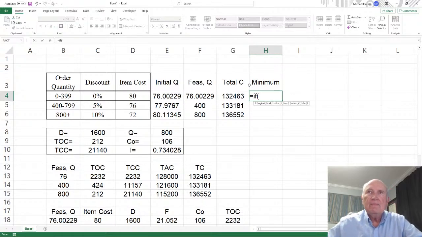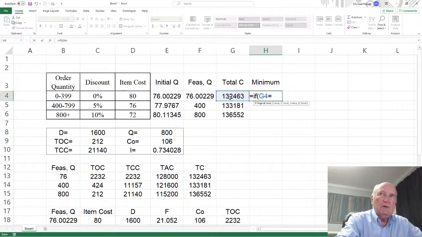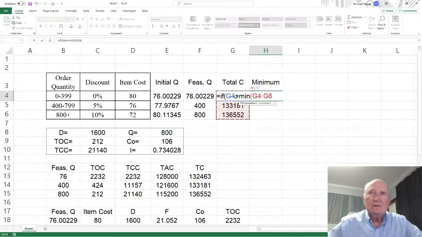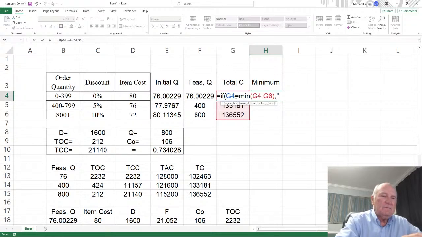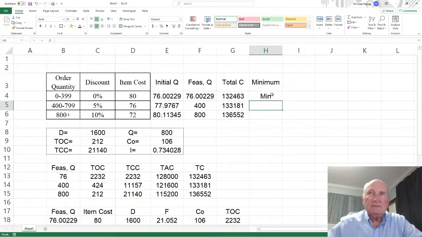If this is equal to the minimum of all of these, then I want to say minimum, otherwise blank. And it is.